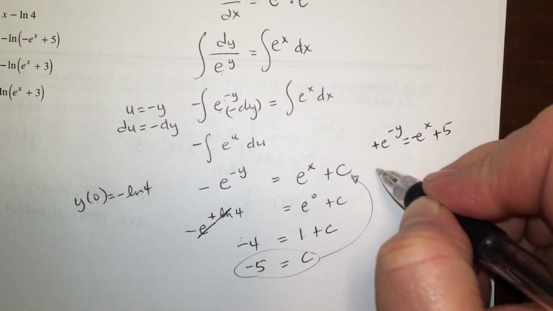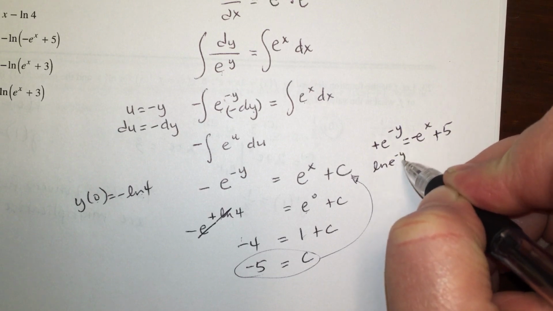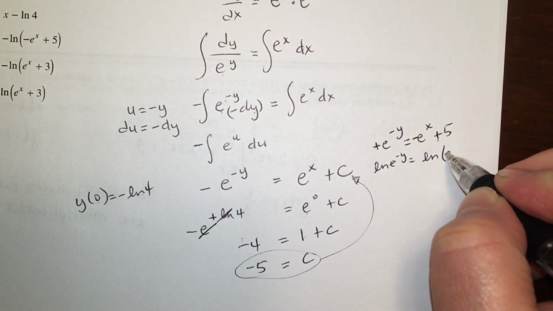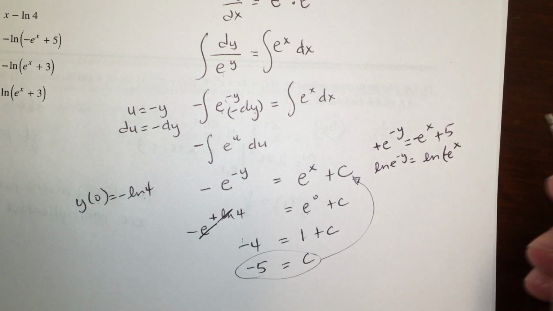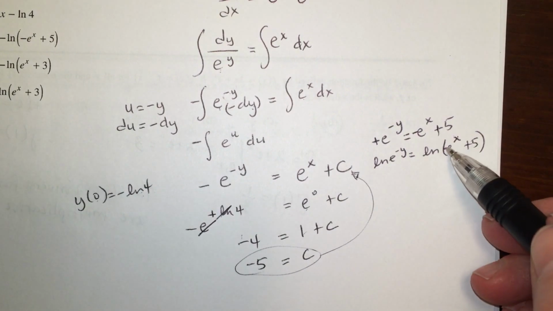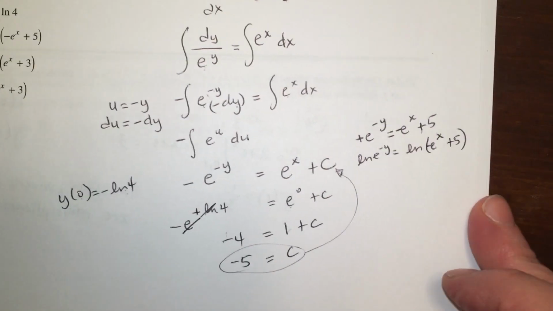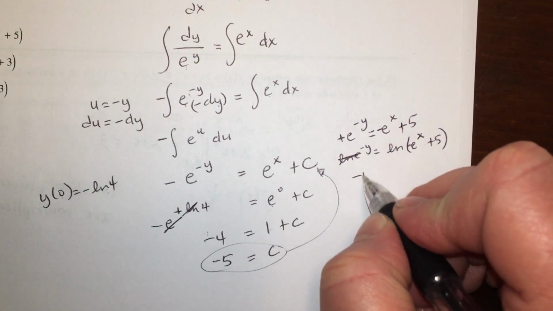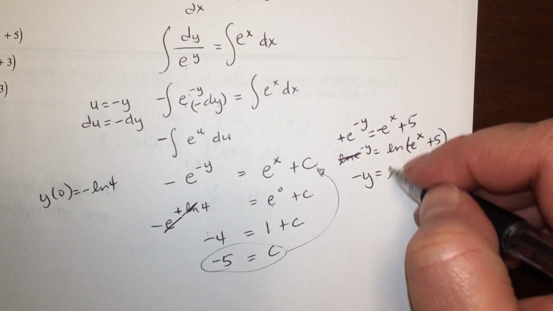And now I can take the natural log of both sides, and that negative stays in front of that e to the x plus 5. And since that negative is between that natural log and that e, they did not cancel out. So here ln and e cancel, and I have negative y is equal to natural log.